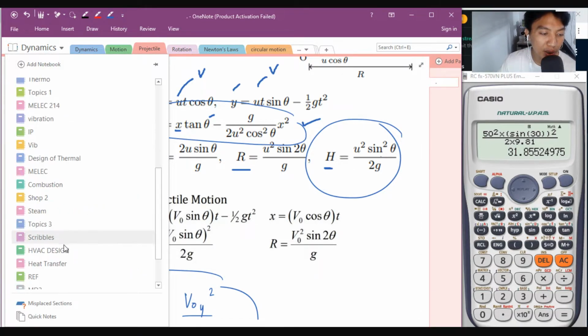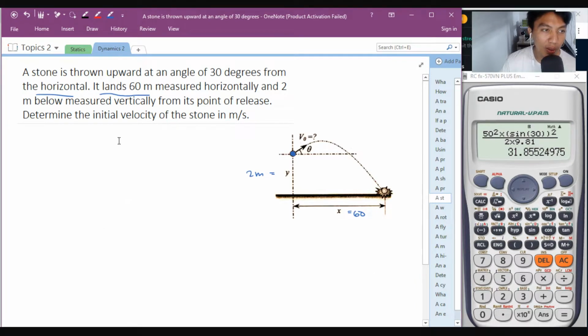So again, going back, the stone is thrown upward at an angle of 30 degrees from the horizontal. It landed 60 meters measured horizontally and 2 meters below. So it landed here below. So what will you do? Will the magnitude of this one be negative or positive? Let us see.